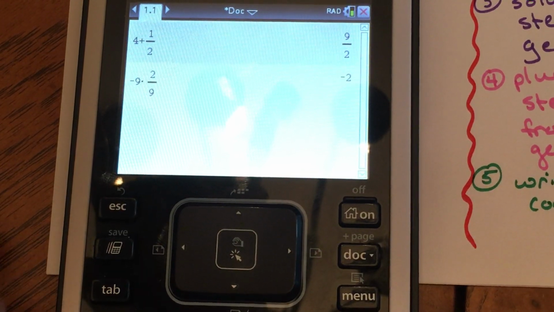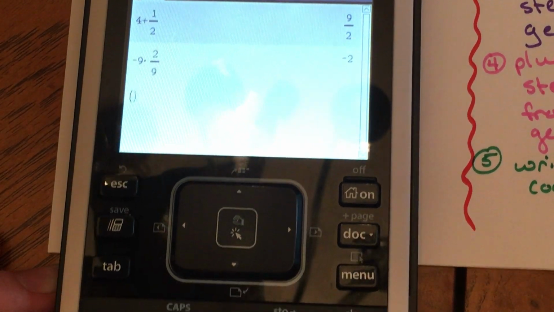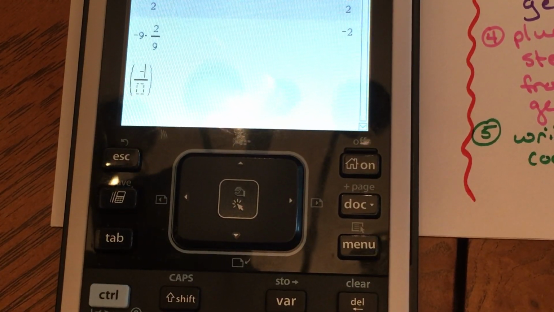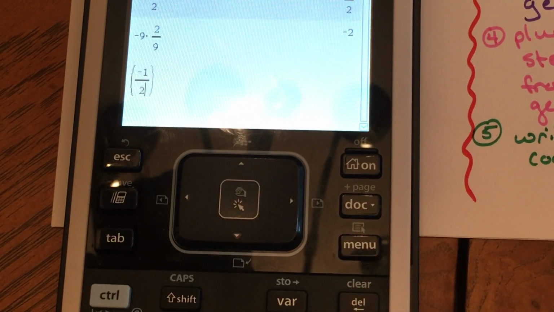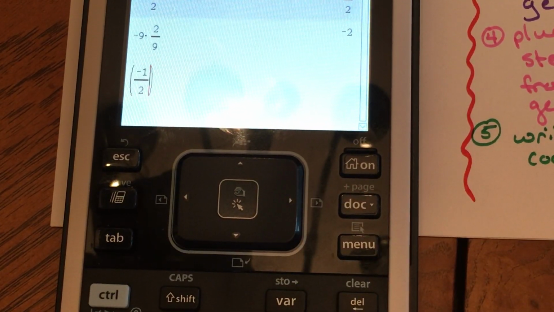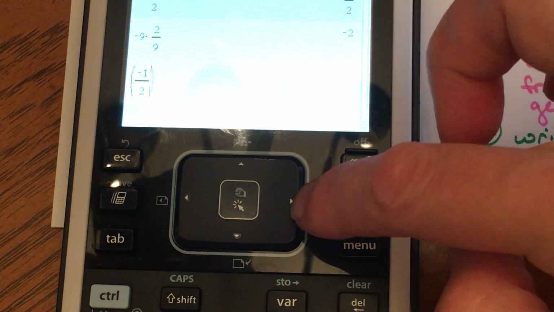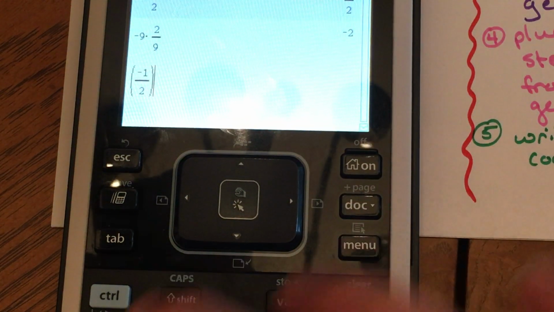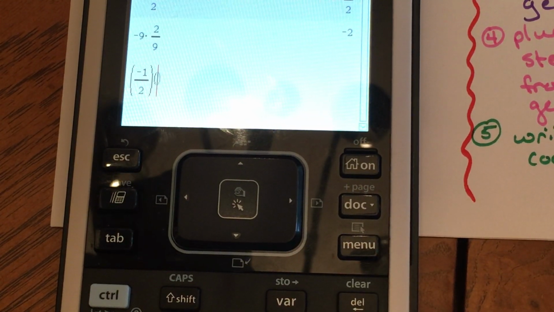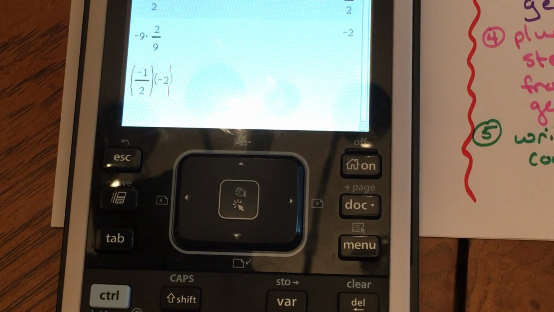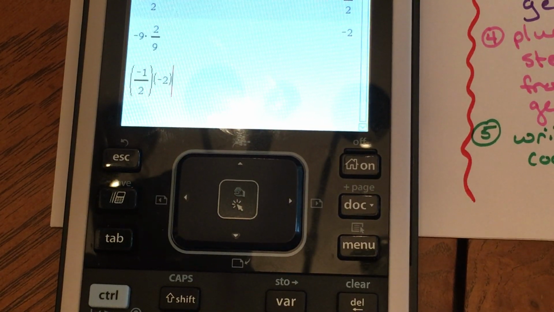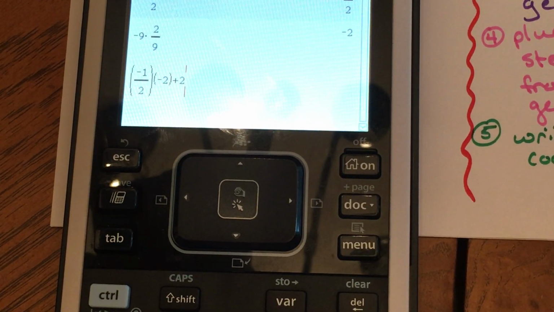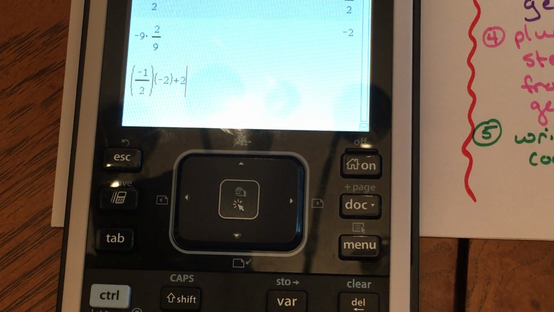So parentheses, control divide, -1/2. Make sure that you arrow to the right so that your blinker is up full size. Parentheses, -2. Close your parentheses. Plus 2. Push enter. What do you get?